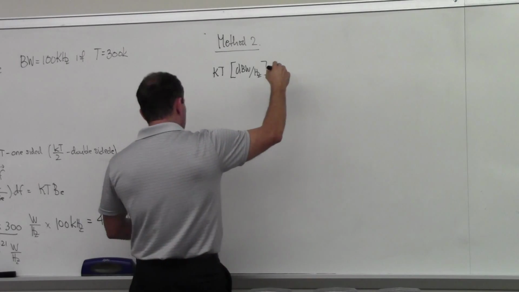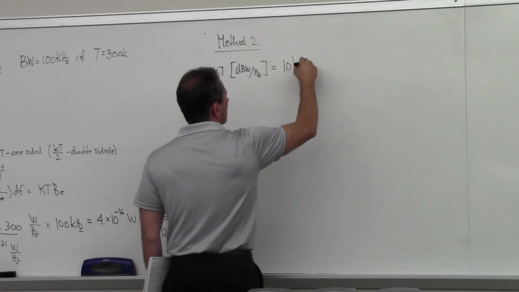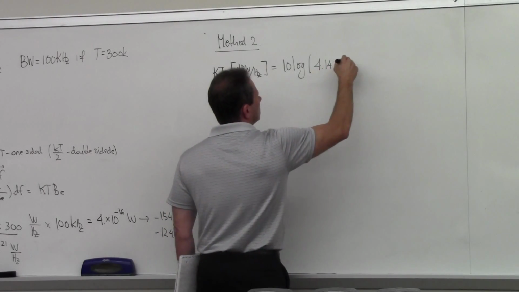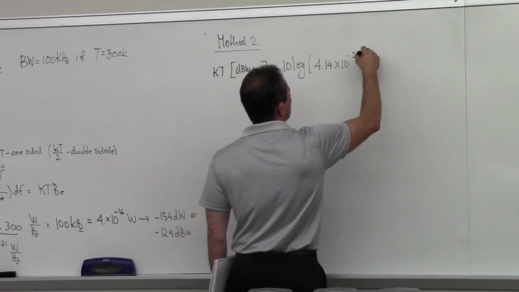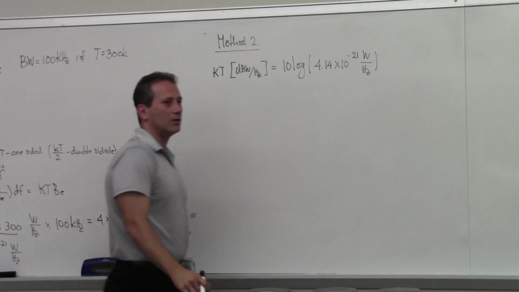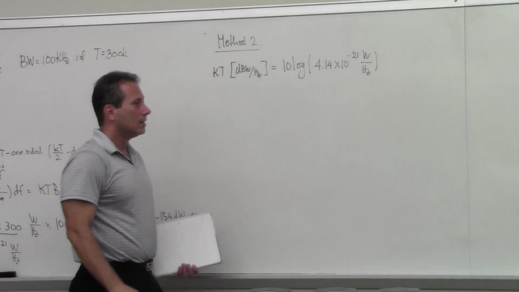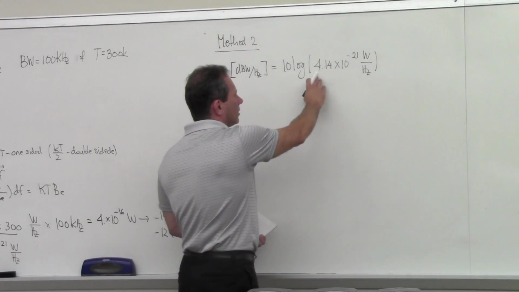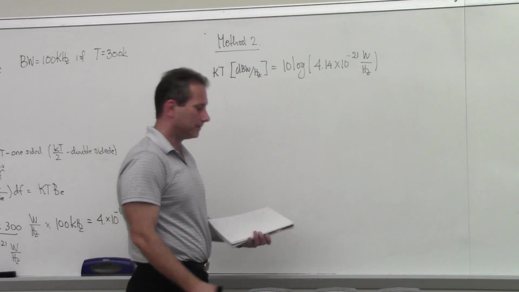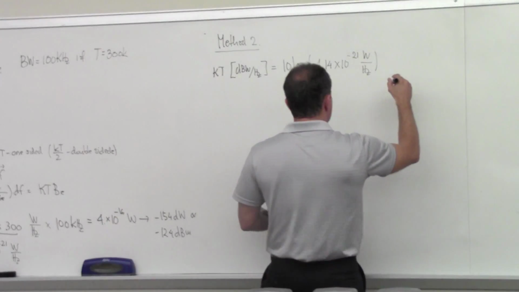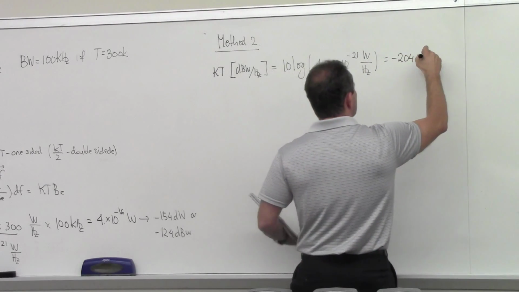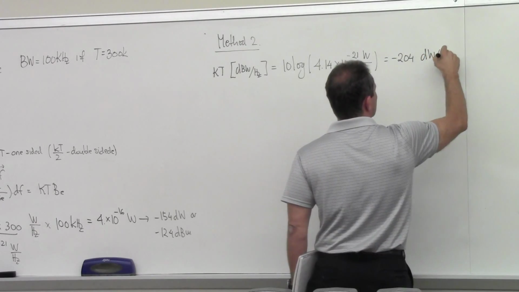So they would take 10 log of 4 times 10 to the minus 21 watts per hertz and express this in logarithmic units. Again, you're taking the log of something that's not a pure number. This would be, let's say, minus 204 dB watt per hertz.